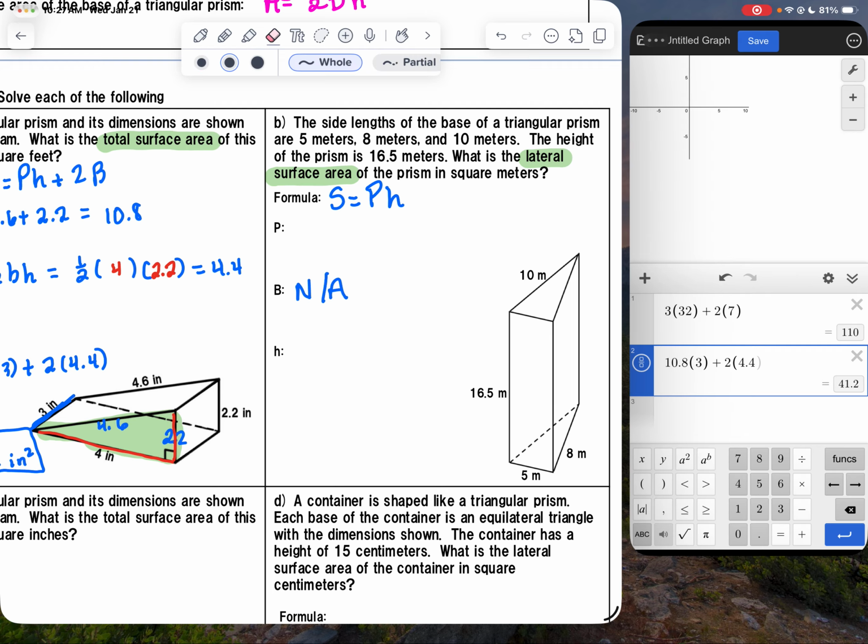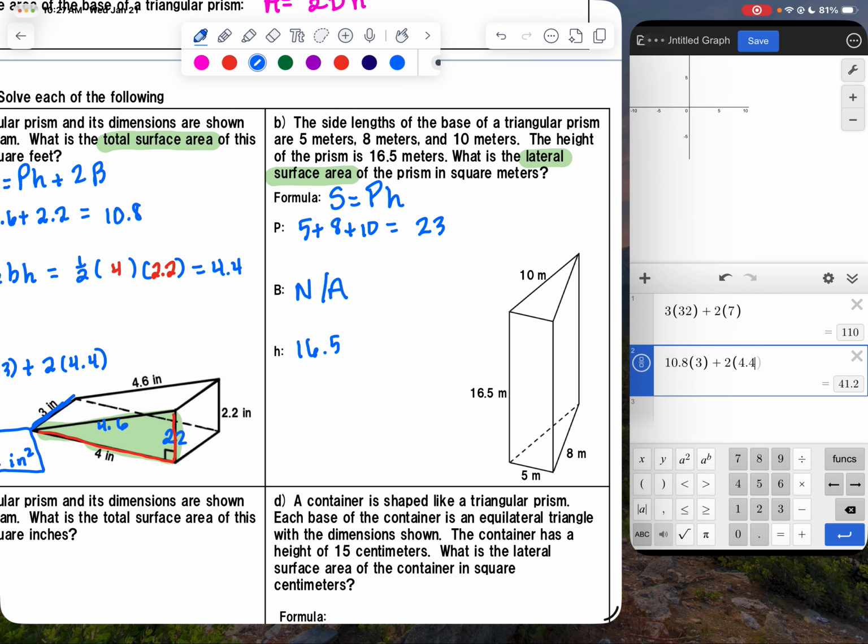Now, in this problem, they actually gave us the side lengths of the base, and they told us that they were 5 plus 8 plus 10, which would be 23 units. So that's the perimeter of our base. They also told us that the height of this triangular prism is 16.5 meters.